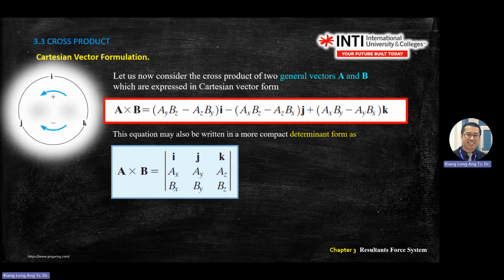Then you want to calculate K, right? How to get K? I cross J, positive K, because anti-clockwise. So taking I cross J, you take AX BY minus AY BX. You get K.